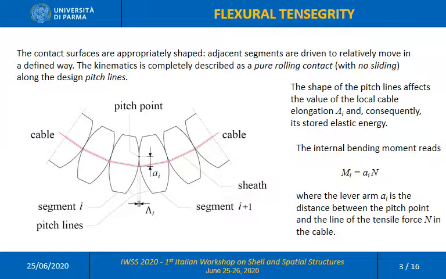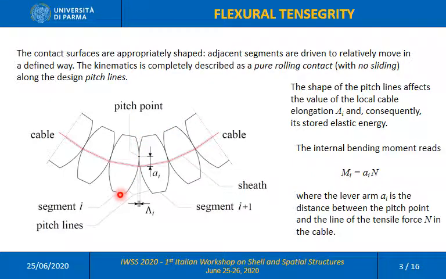A fundamental point is that the contact surfaces of adjacent segments are appropriately shaped so that they are driven to relatively move one with respect to the other in a defined way. The kinematics is completely described as pure rolling contact with no sliding along the design pitch lines.